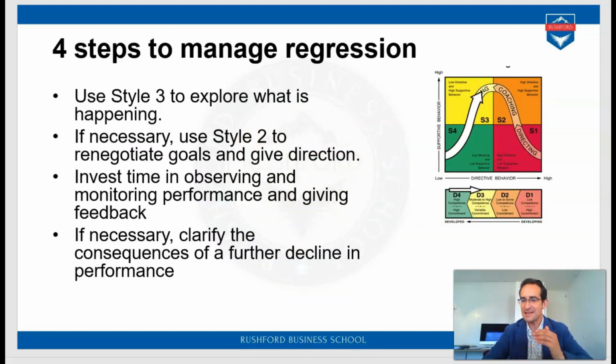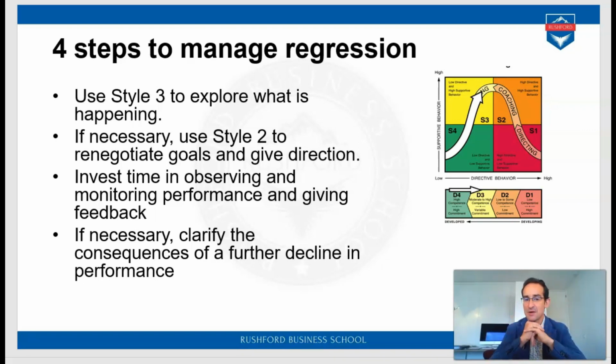So the advice to manage regression, these 4 steps, if things get a little bit complicated: support. First of all, use style 3 to explore what is happening, listen more, ask more, what is happening there. If necessary, use style 2 to renegotiate goals and to give direction.